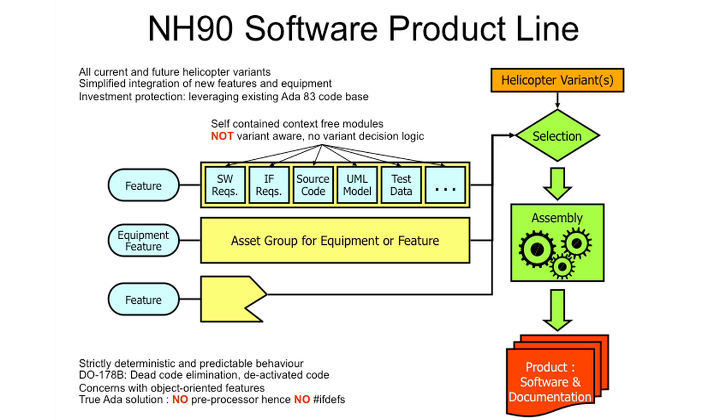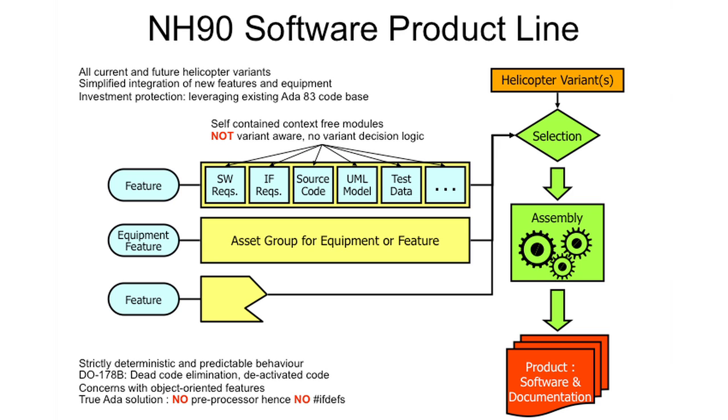The main idea is, when you don't have only software, you have all sorts of documents. In fact, there are more documents than software. And the main problem in making an efficient product line in that domain is also to generate or integrate the documentation from what we call assets here.